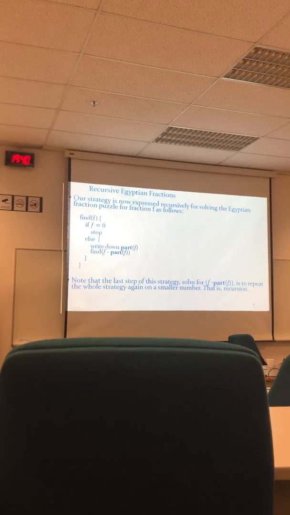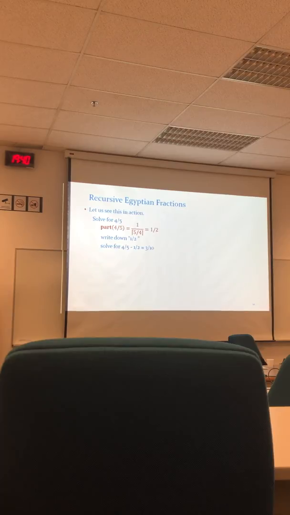Okay, and you can see that this is a recursive algorithm. One of the instructions in this algorithm calls the algorithm itself. That means this is a recursive algorithm. And now we see how this algorithm works. If we want to use the algorithm to find the Egyptian fraction of 4 upon 5, the first time you will find part f of 4 upon 5.